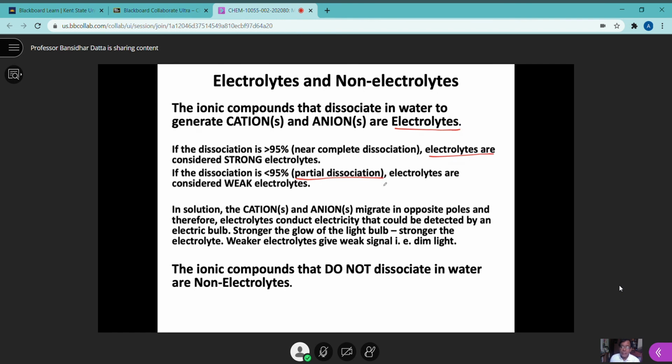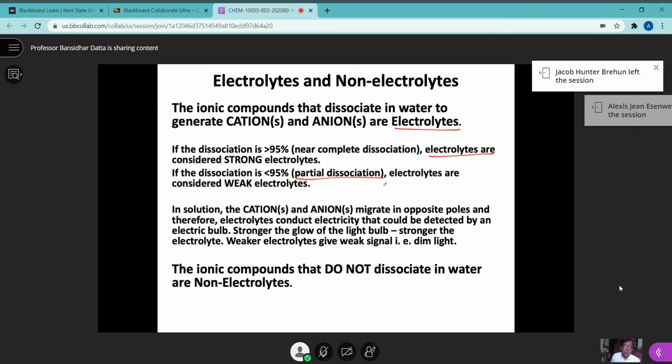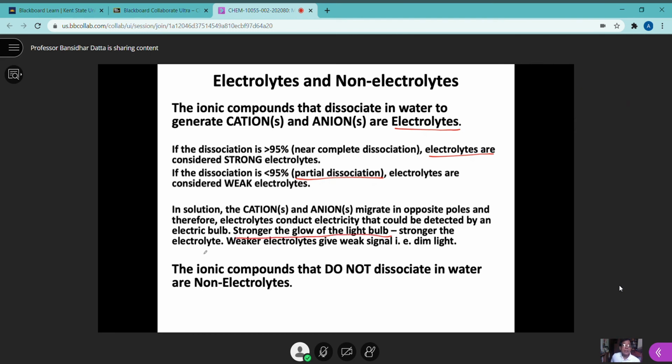Since they're migrating, they are carrying charge, transferring electrons. That's electricity. If you pass the electricity from one side to another and you have a light bulb, it will glow. So the stronger the glow of the light bulb, the stronger the electrolyte. A weaker electrolyte will give a weak signal or dim light.